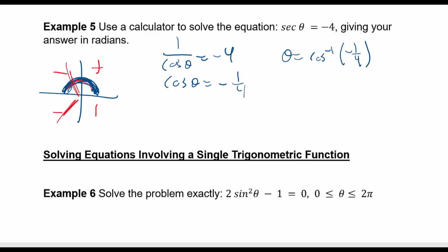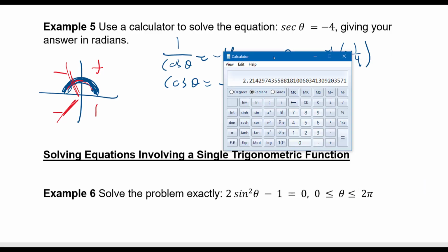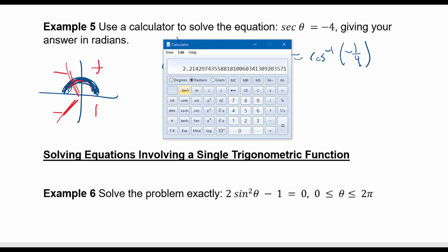Okay, so let's drag the calculator over. I need to clear this off. Enter -0.25, negative, and then I'll do inverse cosine, so it gives you arc cosine.